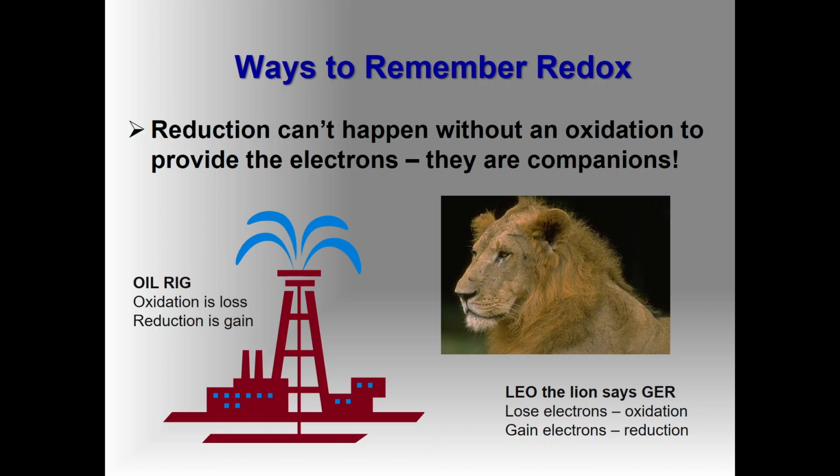So oxidation cannot happen without reduction, and reduction cannot happen without oxidation. If you see something has been reduced, if you see some oxidation number, a charge, has changed, there has to be another thing that also changed.